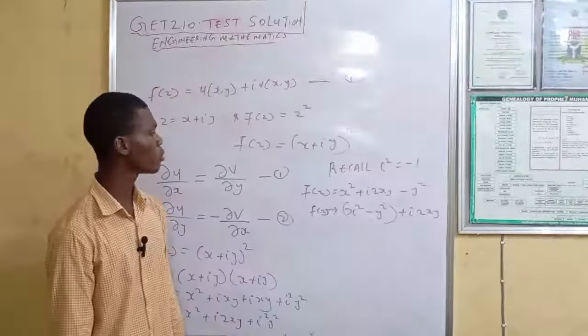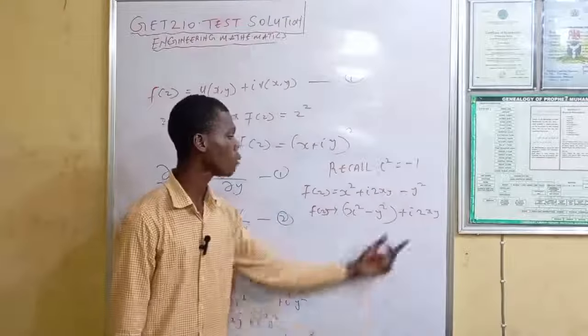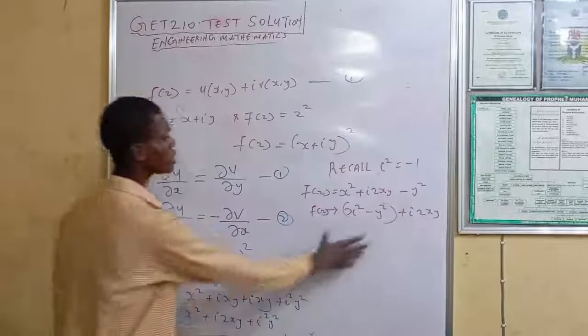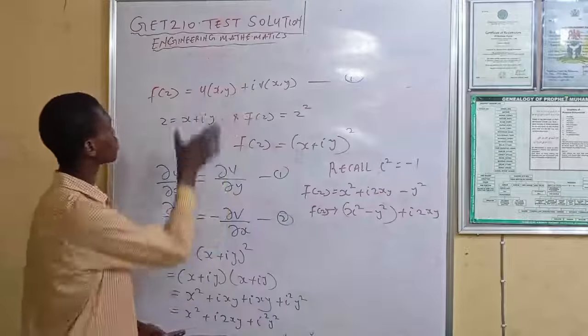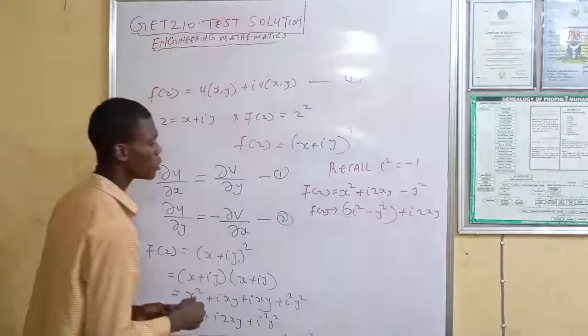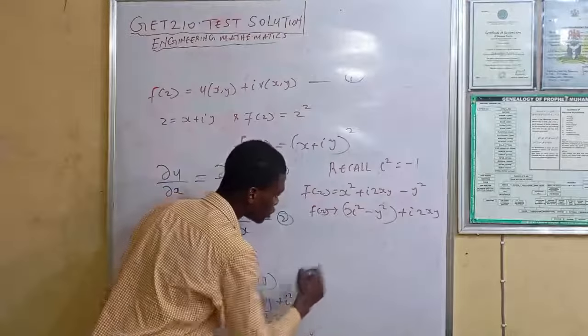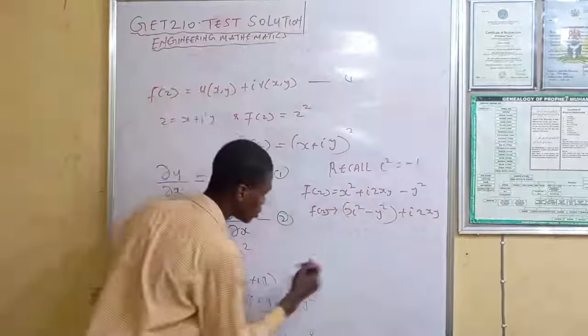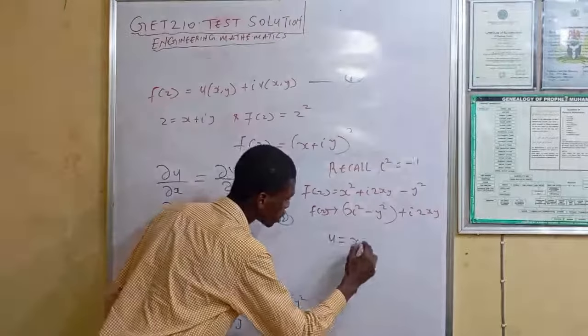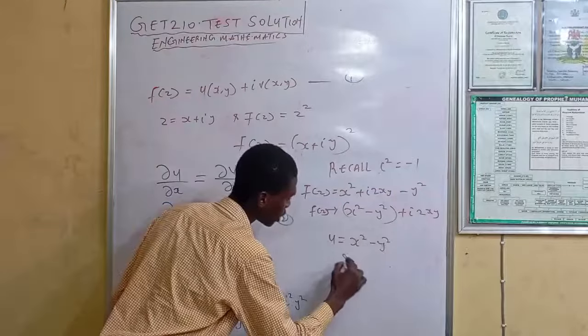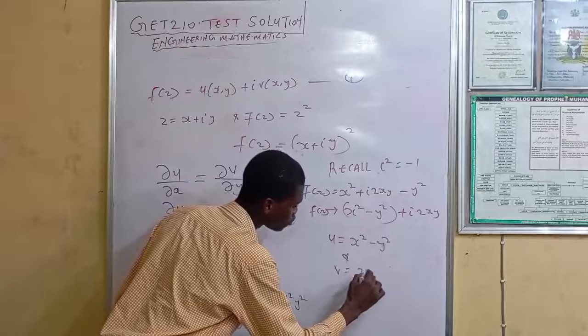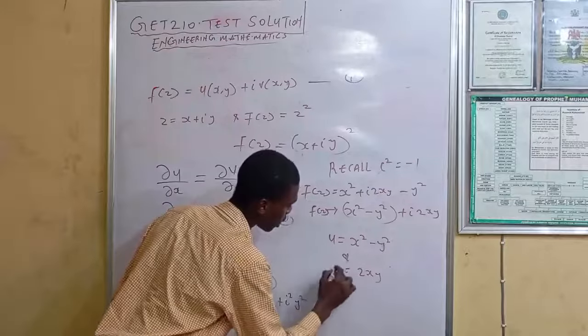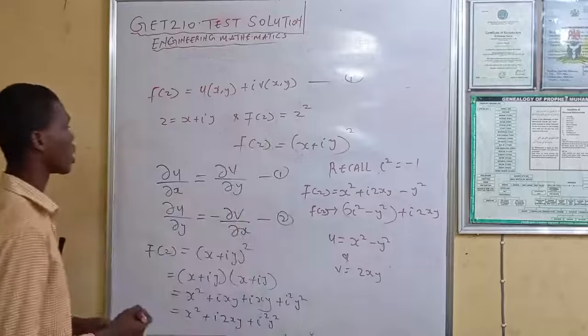The next thing to do from here: which one is your u and which one is your v? Relating these to Cauchy-Riemann's complex form, what will be my u? u is equal to x squared minus y squared, and v is equal to what? 2xy.